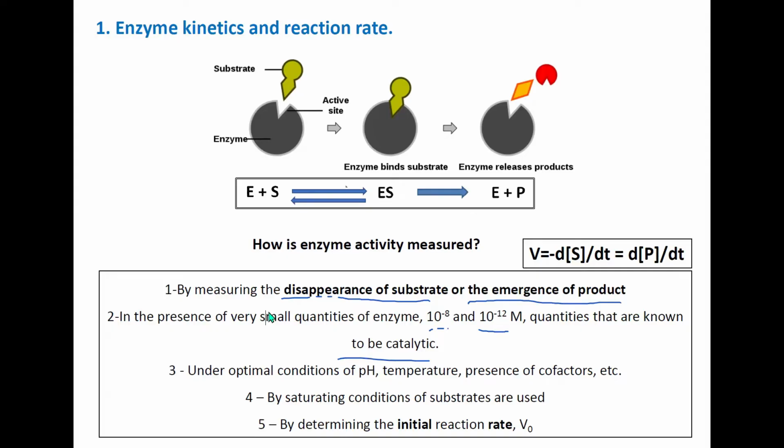Or you can do that by determining the initial reaction rate, which is actually V naught. So these are the ways that you can use to measure the enzyme's activity. All of this must be maintained, put in place before you measure the activity of an enzyme.